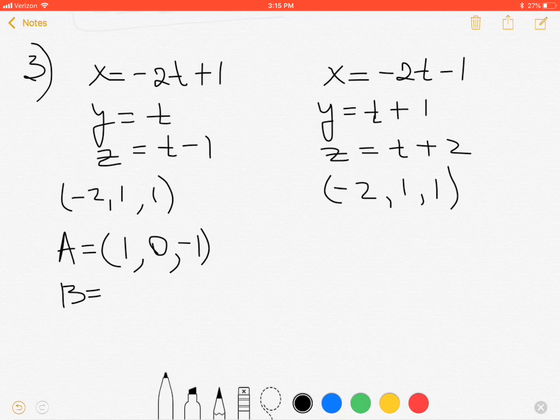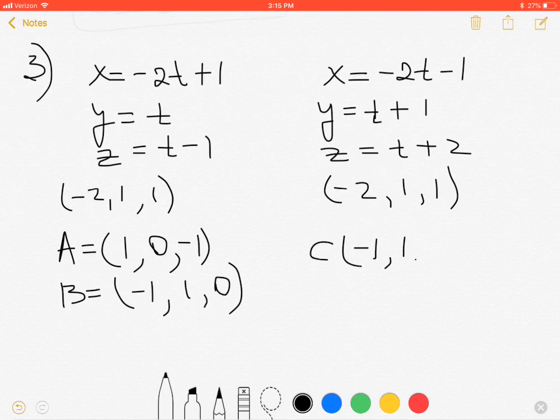I have negative 1, 1, and 0. I try to take something as similar as possible. And here is t equals 0 for the second line. It will be point C: negative 1, 1, and 2.